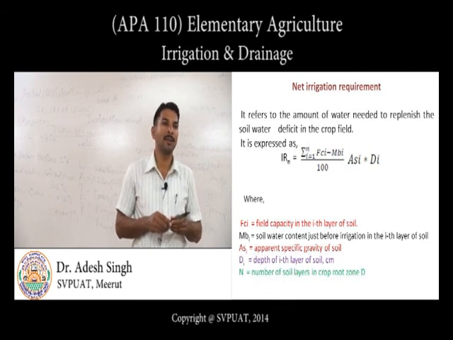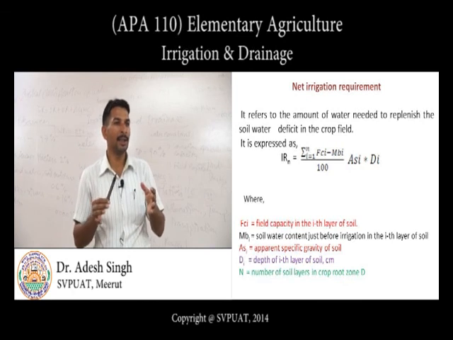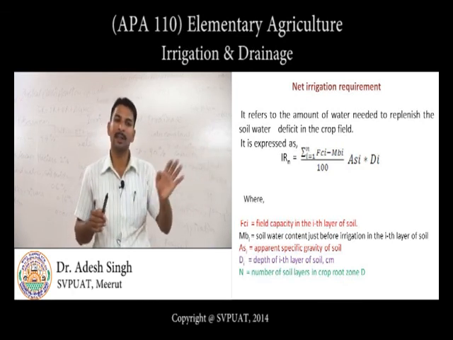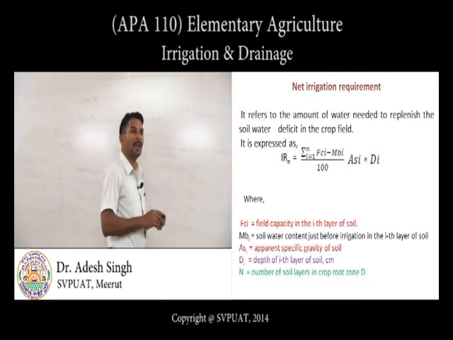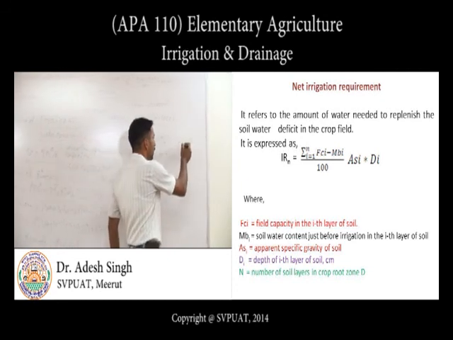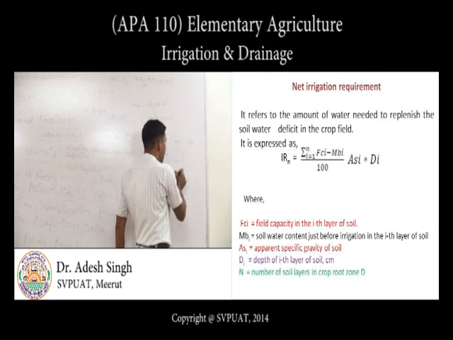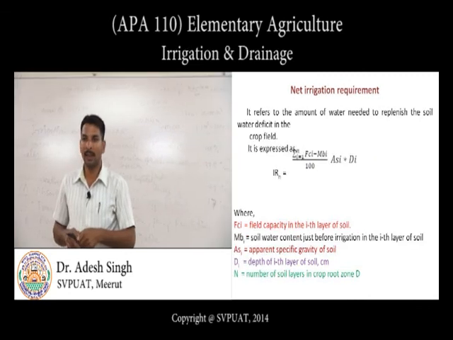It is nothing but the bulk density of the soil without dimension, meaning whatever bulk density is there is known as apparent specific gravity if the unit is not considered. And then Di is the depth of the ith layer. For example, if the root zone is divided, suppose this is 0, then 20, then 40 and then 60, so Di is 20 in this case.